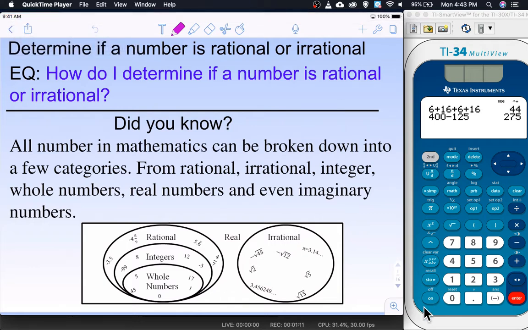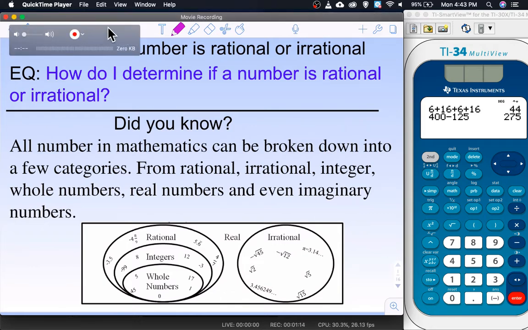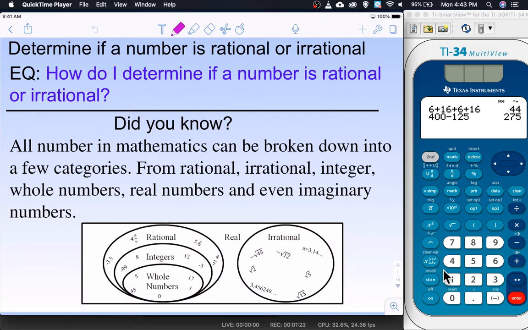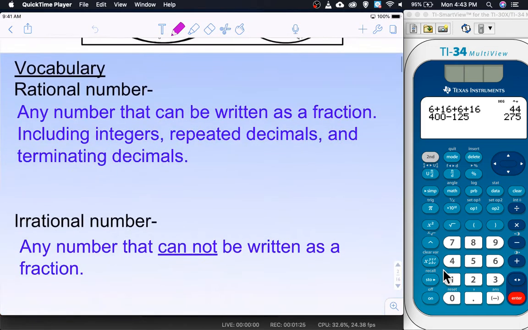There's a whole bunch of different types of numbers. We are focused on the difference between a rational number and an irrational number. So let's figure out what these things are.